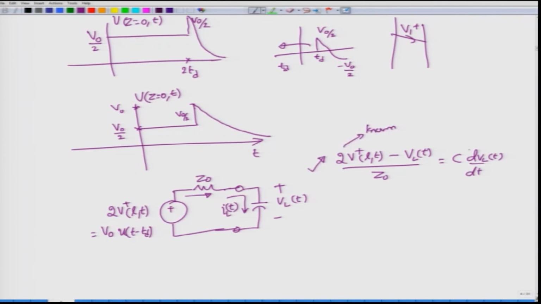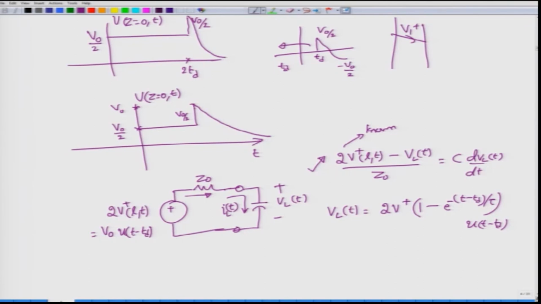Solve for the voltage VL, and you can see after solving, this will again be exponential, right? It would be 2V plus times 1 minus e power minus (t minus Td) by tau, times u of t minus Td. Okay, why is this making sense? It makes sense because a capacitor, which is initially uncharged, will appear like a dead short here.